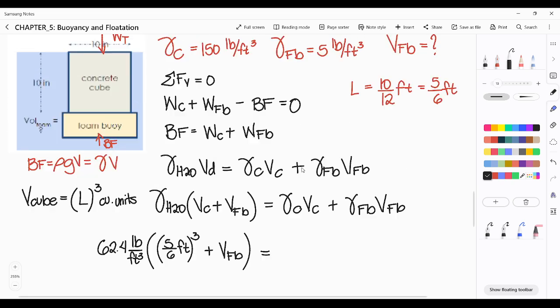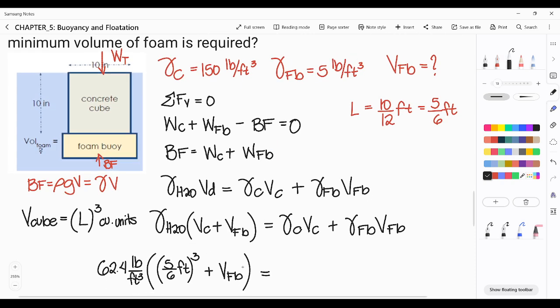And then, given yung gamma ng concrete cube, which is 150 pound per cubic feet. Let's just write everything down. 150 pound per cubic feet. Again, multiplied by the volume of the cube, which is 5/6 feet cube, plus the gamma of our foam, which is 5 pound per cubic feet, multiplied by the missing variable, the volume of our foam buoy.